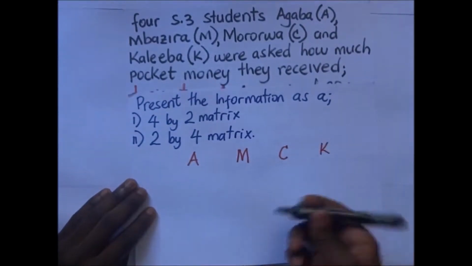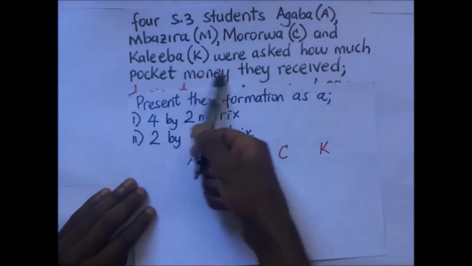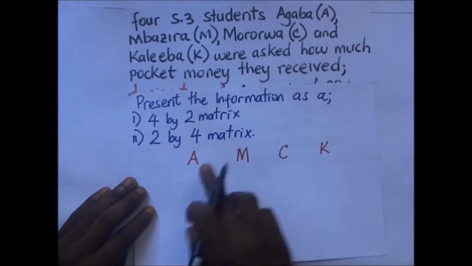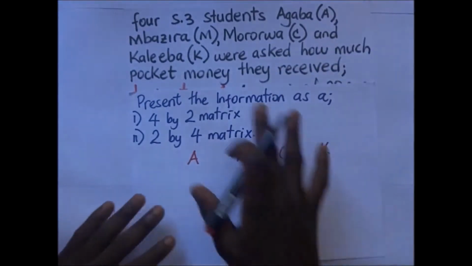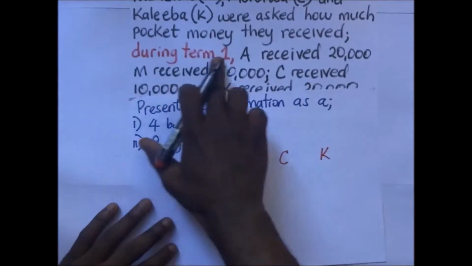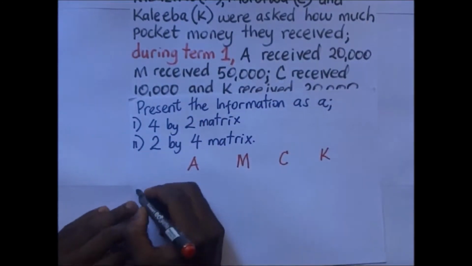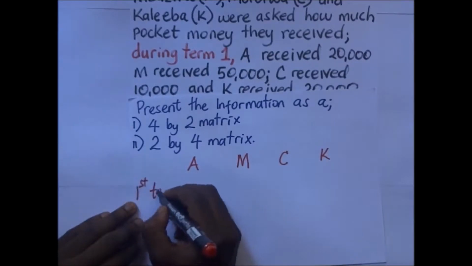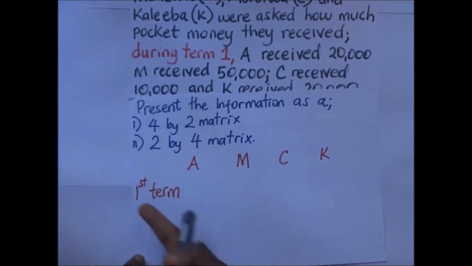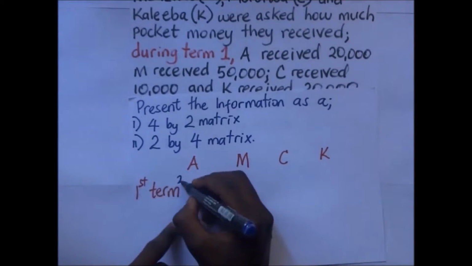Those are the 4 students, and they were asked how much pocket money each received. Now during the first term, A received 20,000.